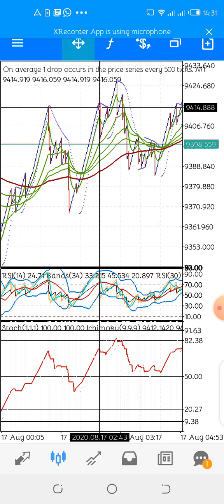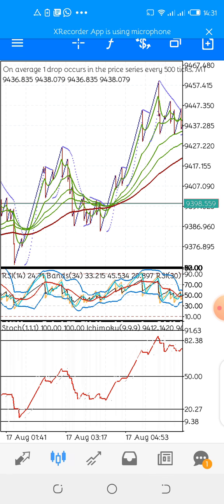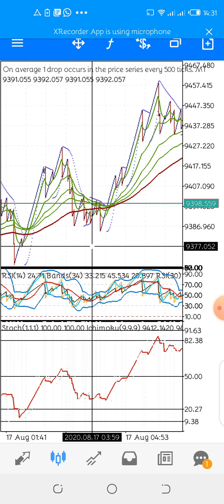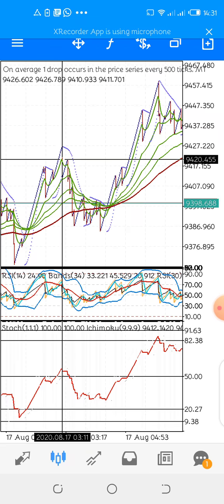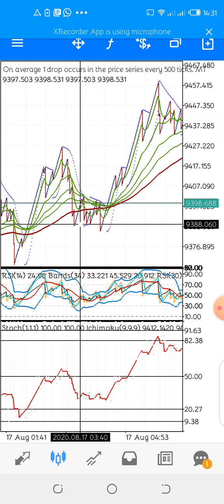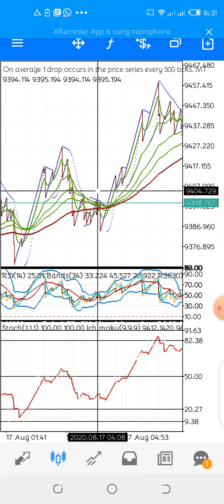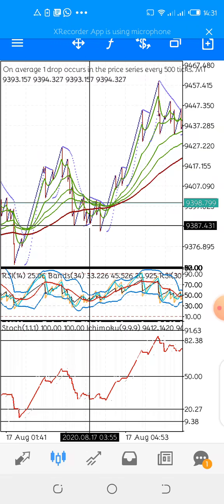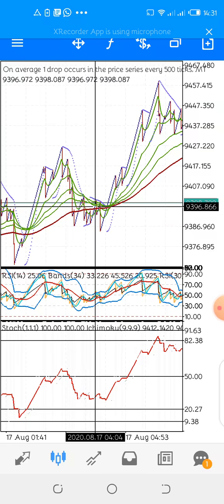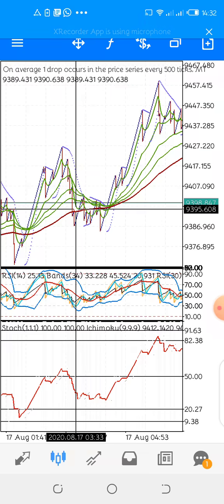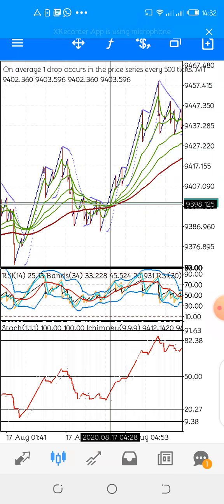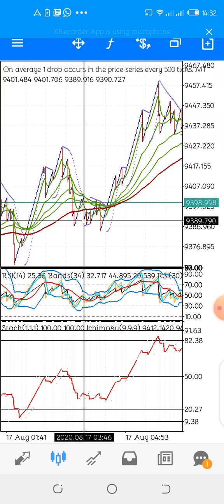Okay, so we continue, and now you see here the same point I was bringing home. After this point here, it came to retest the 300 again. Now this was my confirmation that we are no longer going down, but we are going up. And you see it consolidates around area 300 for so long.